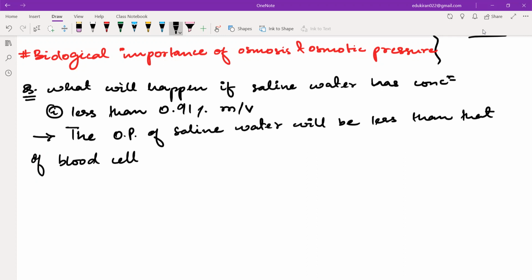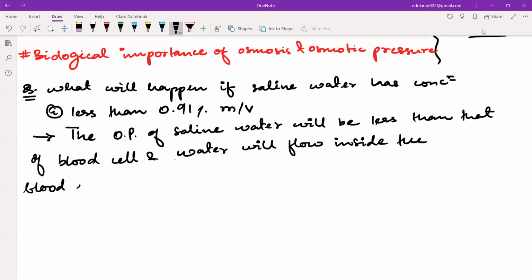And what is going to happen? And water will flow inside the blood cell, causing it to shrink.